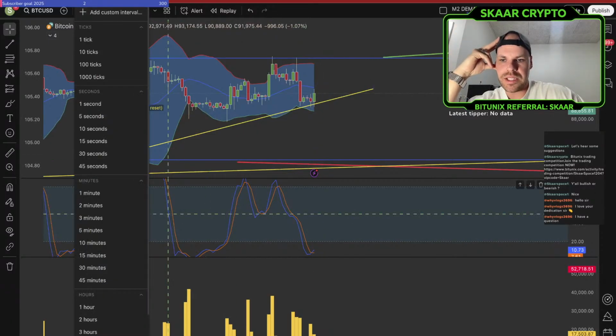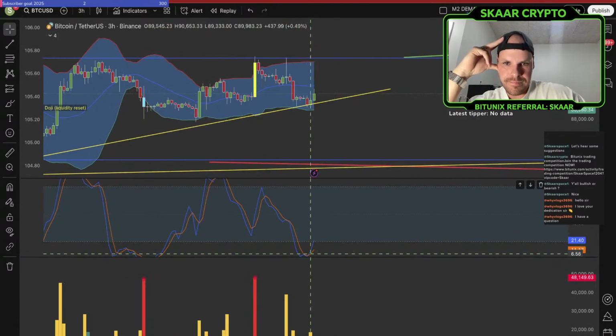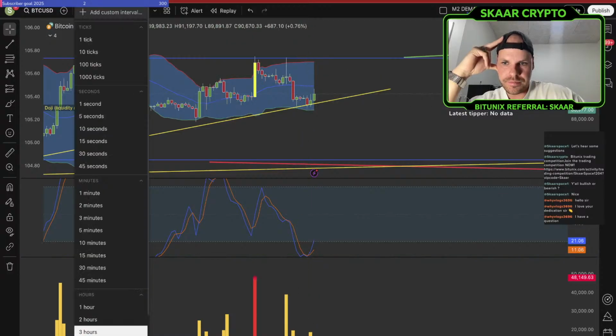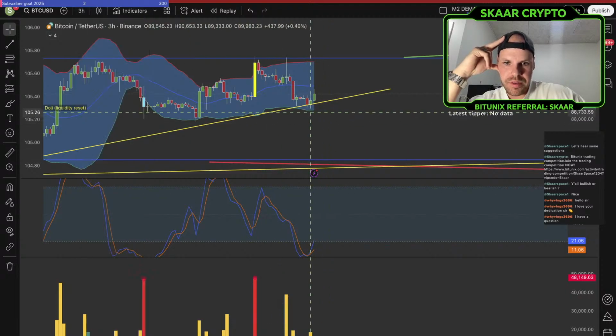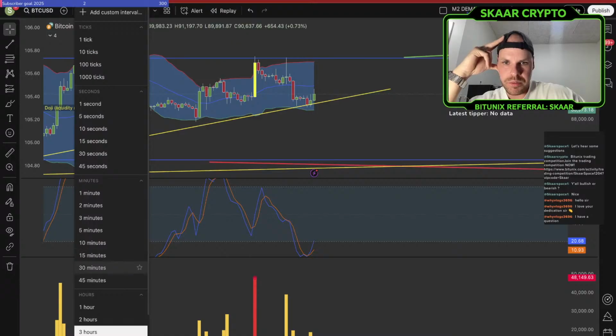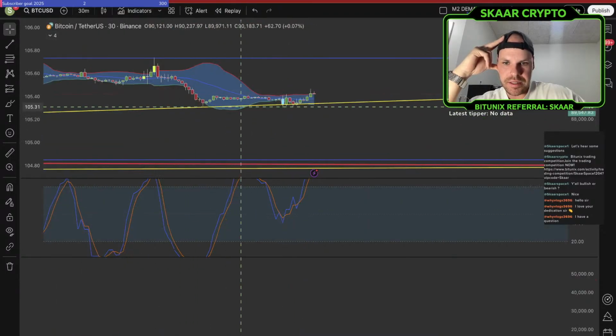I'm trying to teach myself to trade on the daily again. What happens here is around 16 o'clock today, my time, the reverse happened. If we go down to the 30-minute, we'll be able to see that.